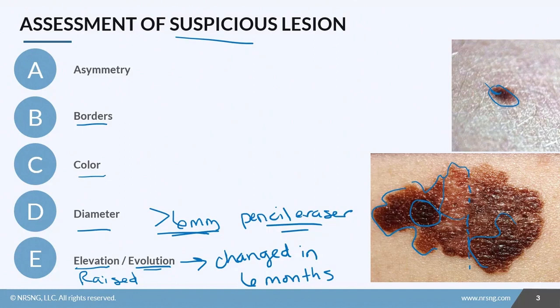I actually had one that was right at 6 millimeters. It wasn't huge. It was slightly asymmetrical, but it kept changing. And so I ended up having it cut off and having a biopsy. Turns out it wasn't cancerous, but I had it removed anyways. So it's always important to look for these things and to teach our patients what to look for as well.